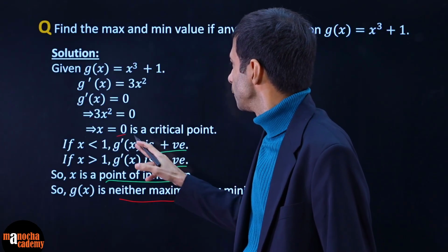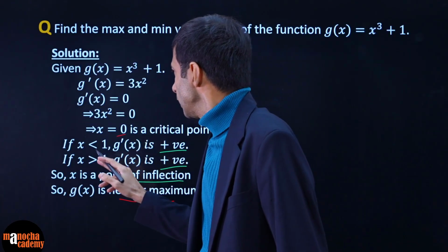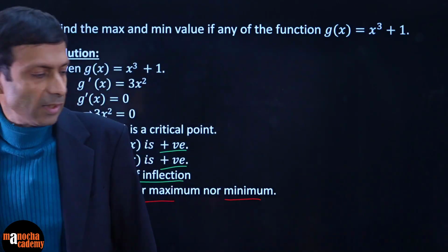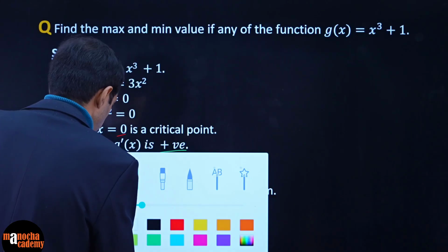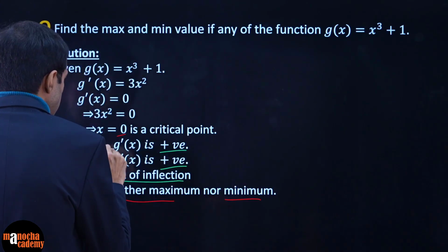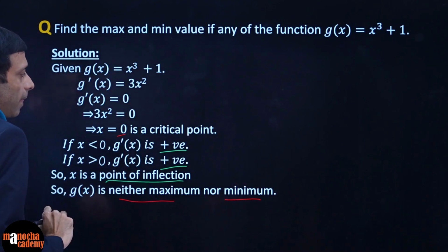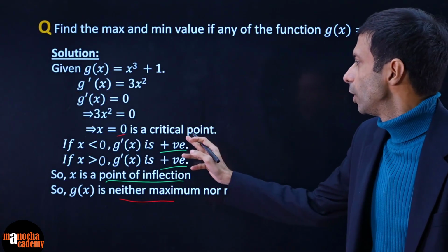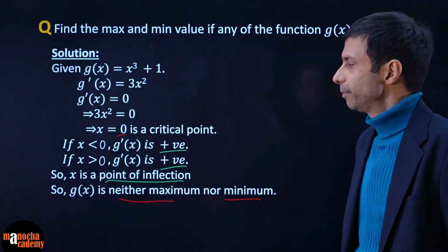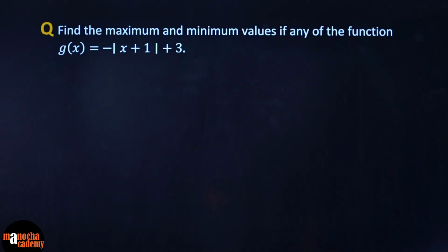So to the left and right of it, when we test x less than 0 or greater than 0, we're going to test about the critical point, which is x equal to 0. You will get both positive, so point of inflection. Done. Okay, you guys are all getting the concept?